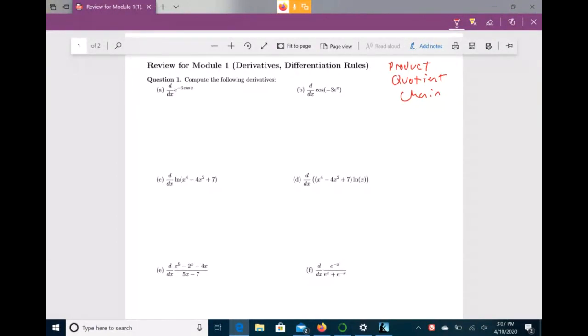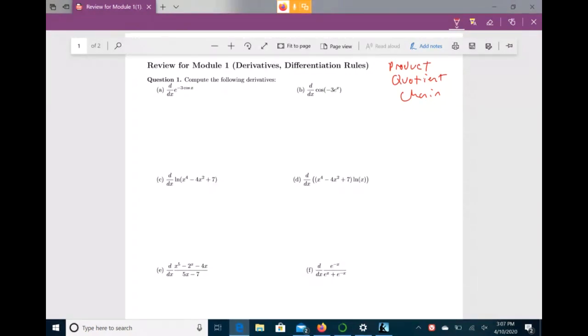Okay. So what will the outermost function be? Yeah, so e to the x or something like that.